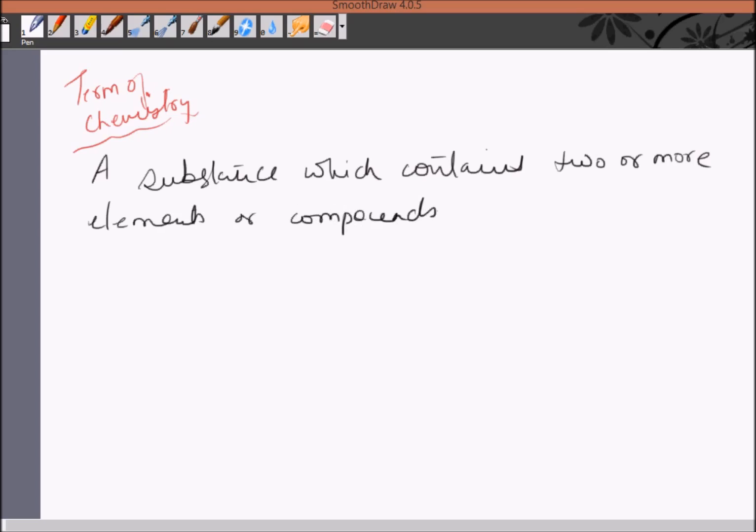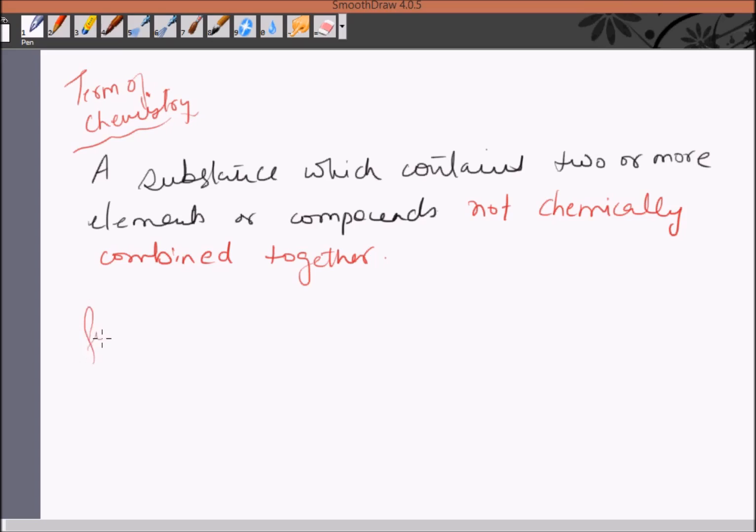But yes, let me give you a highlighted note that they are not chemically combined together, right? So this is actually a mixture.